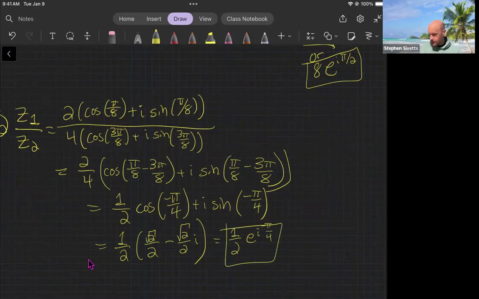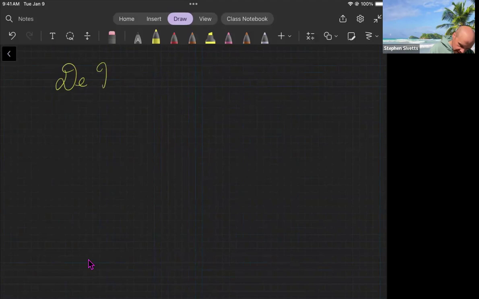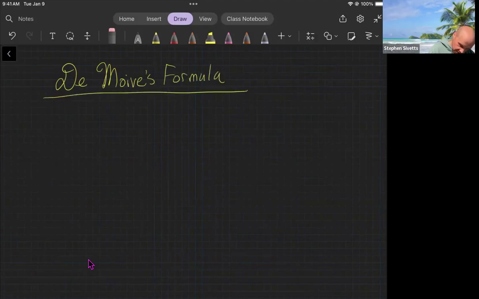Nice. Okay. The last thing I want to talk about is a very important property on powers of complex numbers, and it's called de Moivre's formula. It's French, and I apologize for my French. So de Moivre's formula. Okay.